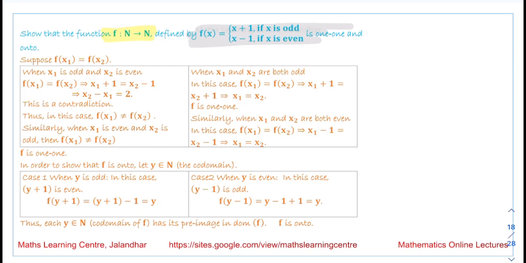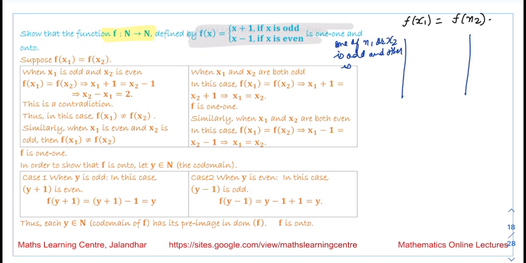Now for the 1-1 part, we are considering, suppose f(x1) is equal to f(x2). Now in this case we have three cases. The first case is when one of x1 or x2 is odd and the other is even.